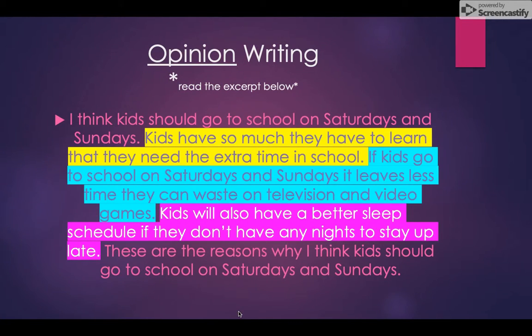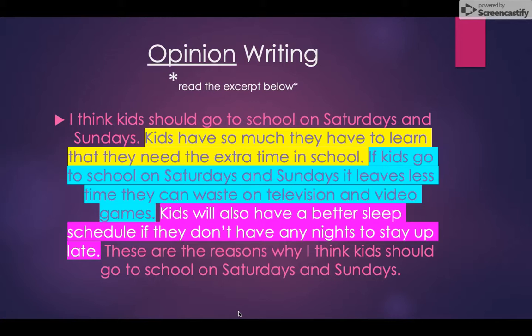So let's look at an example of an opinion writing. I think kids should go to school on Saturdays and Sundays. Kids have so much they have to learn that they need the extra time in school. If kids go to school on Saturdays and Sundays, it leaves less time they can waste on television and video games. Kids will also have a better sleep schedule if they don't have any nights to stay up late.